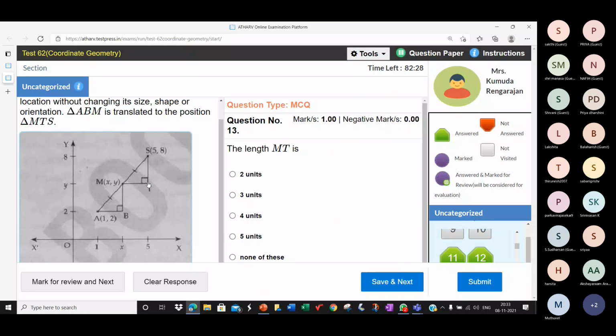Yeah, children. So the coordinates of T, 5, 5. And we earlier found the coordinates of M. So using the distance formula, you can find MT. 3 units. Sorry, 2 units.